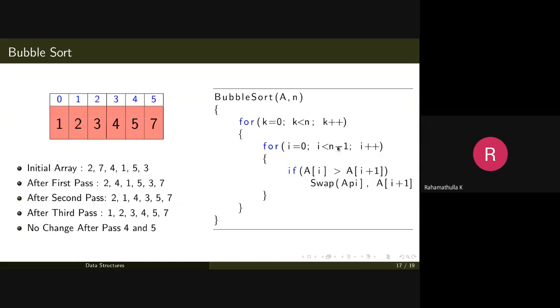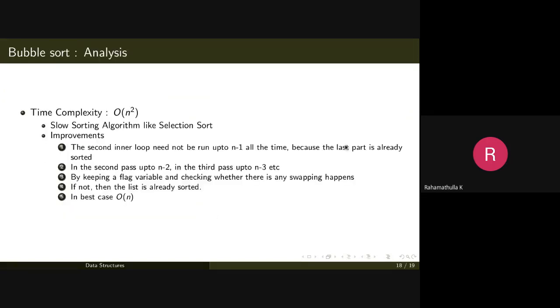You can change this to n minus 2 times. In the third pass, you can make it n minus 3, and so on. Still, you can see that the time complexity of the algorithm in the worst case and in the average case is order of n square.